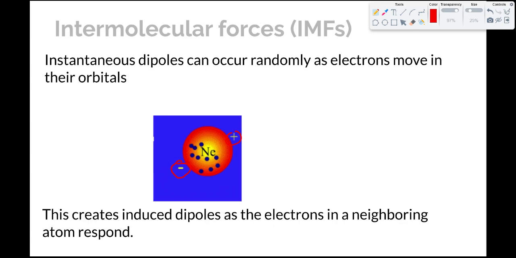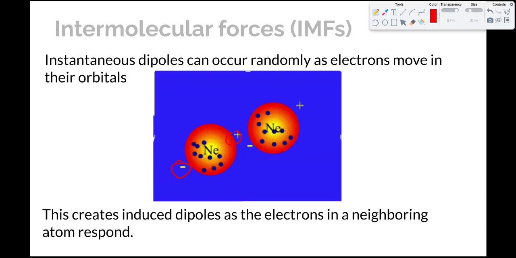So induced means like forced to happen. So this instantaneous dipole induces dipoles in the neighbors, and then you have this attraction for plus to minus, and that's going to happen over here, and then that's going to cause another one over here, and then that's going to cause another one over here. So you have this chain reaction of instantaneous induced dipole pairs that hold together by their attraction.